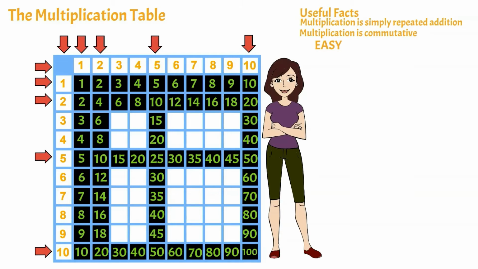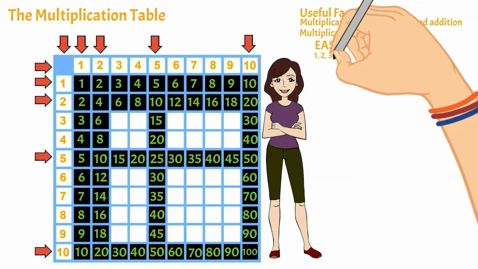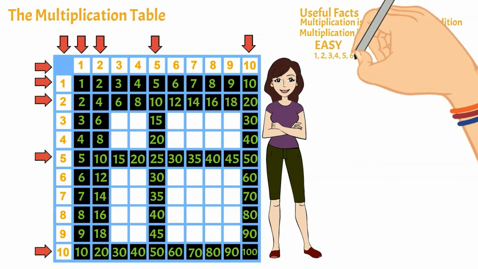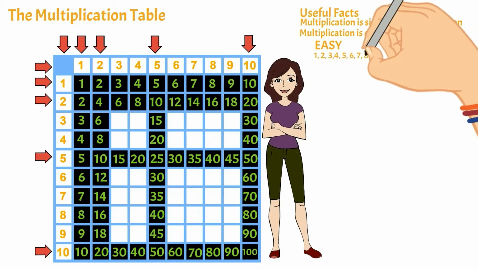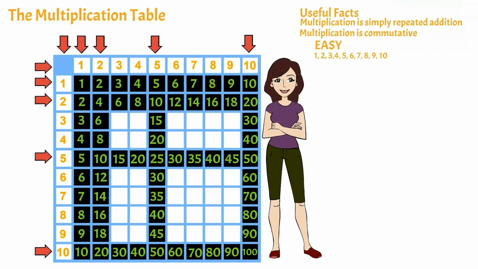Let us count by 1s. 1, 2, 3, 4, 5, 6, 7, 8, 9, 10. Since counting in ones is easy, multiplication by 1 is also made easy.